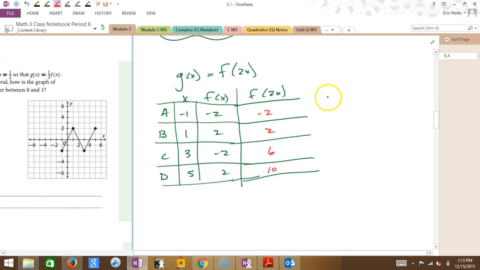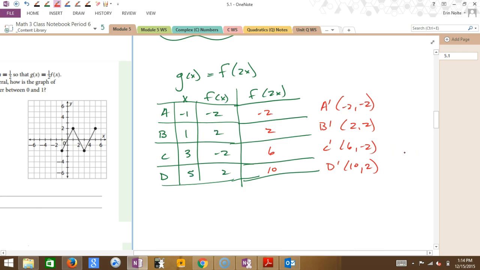Okay, so let's see what happens. Notice that this red one is my new x. So my new points are negative 2, negative 2; 2, 2; 6, negative 2; 10, 2.